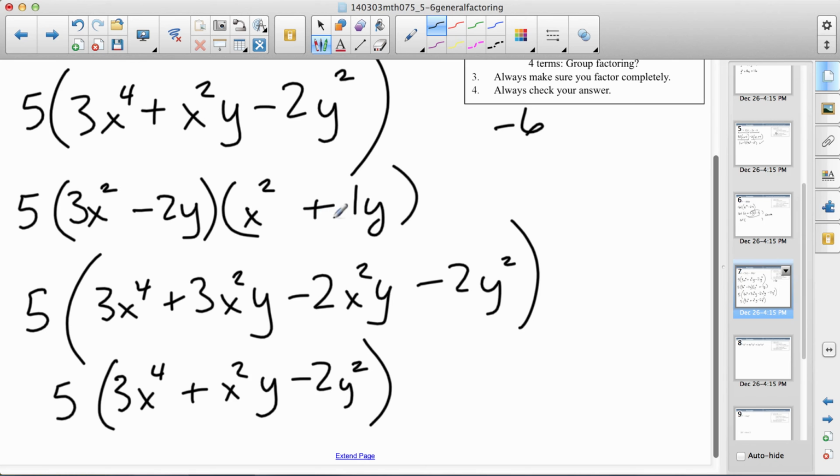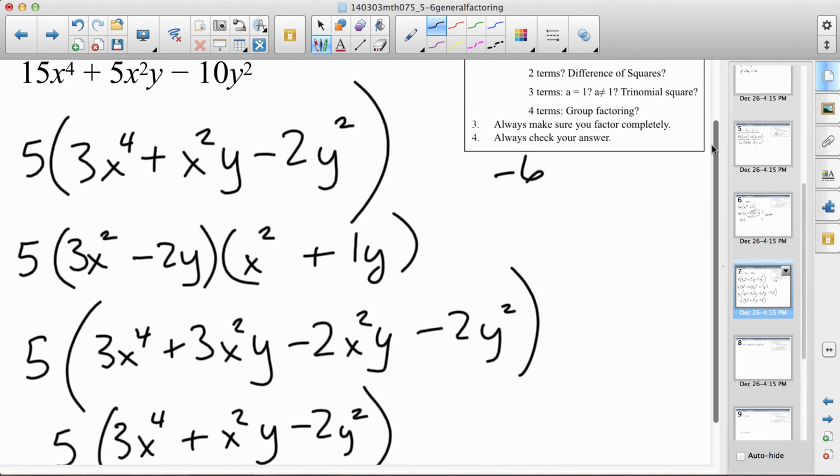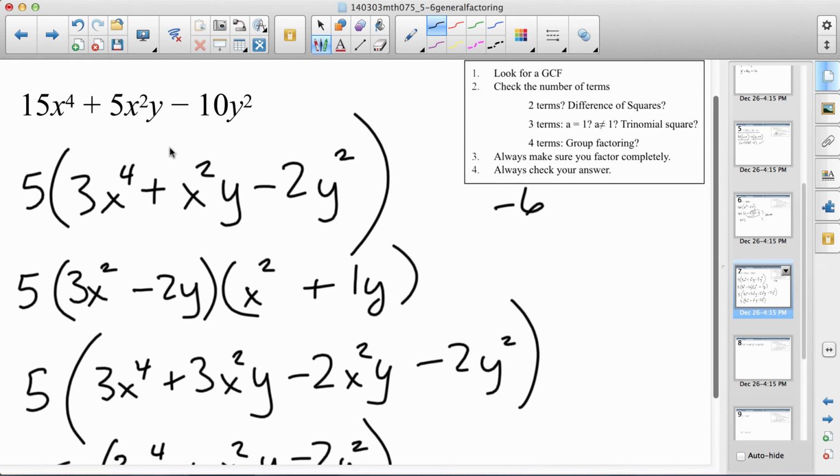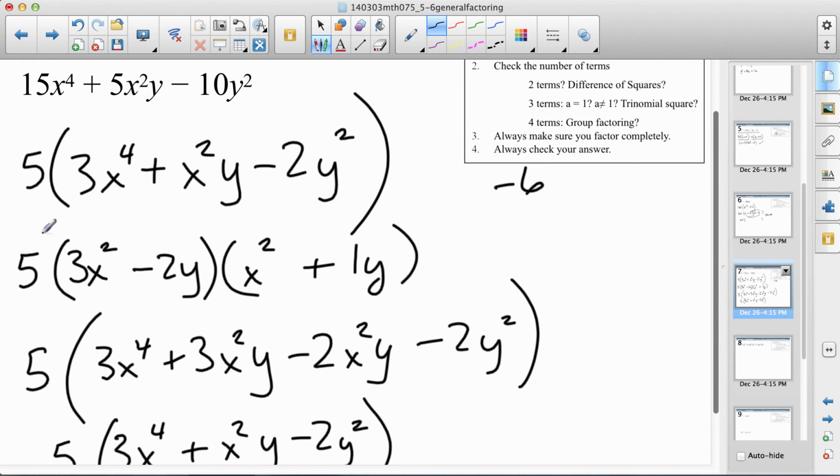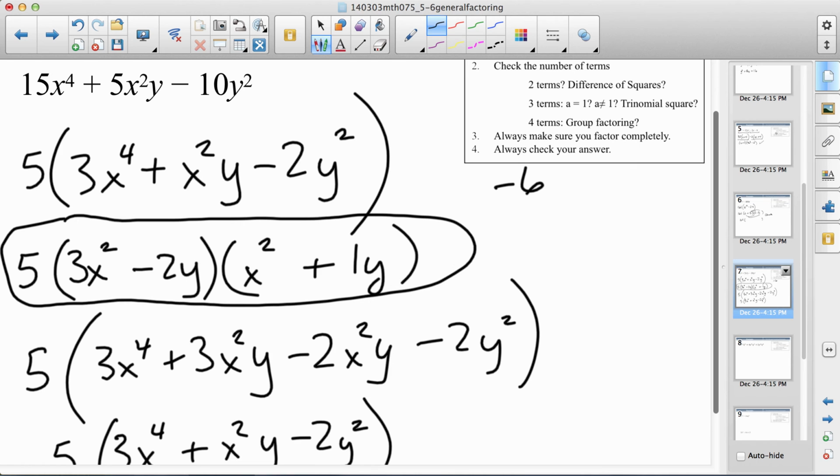So it looks like I guessed correctly here, because this is the same as I had up there. And so then I'd multiply this by 5, and I'm sure I would get the same thing as I started with. But the question is saying factor, so this would be my answer right there. All this stuff down here is just checking that stuff there.